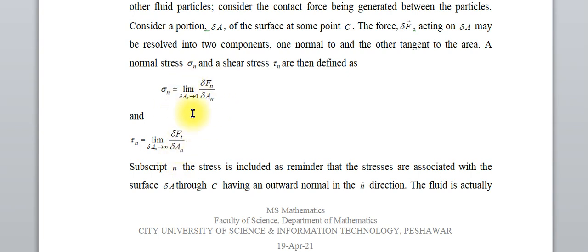So the stress which is produced, force per unit area, produces stresses. This stress will be considered as a normal stress, but this force will be considered as a tangential force. The subscript n on the stress is included as a reminder. It reminds you that the stresses are associated with the surface delta A through point C having an outward normal in the n direction.